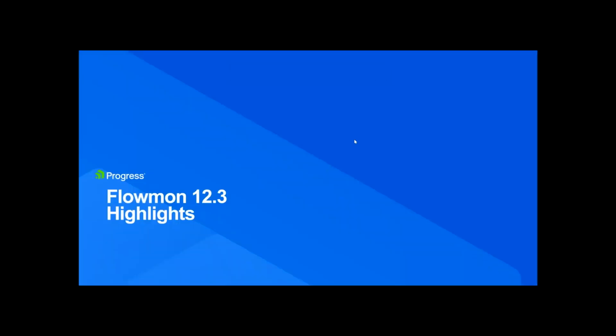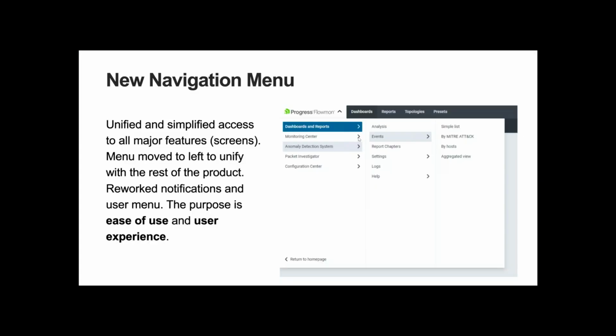All right. So first we introduced the news in the Flowmon 12.3 release, which is mainly the new navigational menu that lets us drill down more easily into the specific part, whether it is analysis or events or a simple list of events by MITRE ATT&CK or by host and so on. So basically it helps us get into a deeper level from the first navigational view.